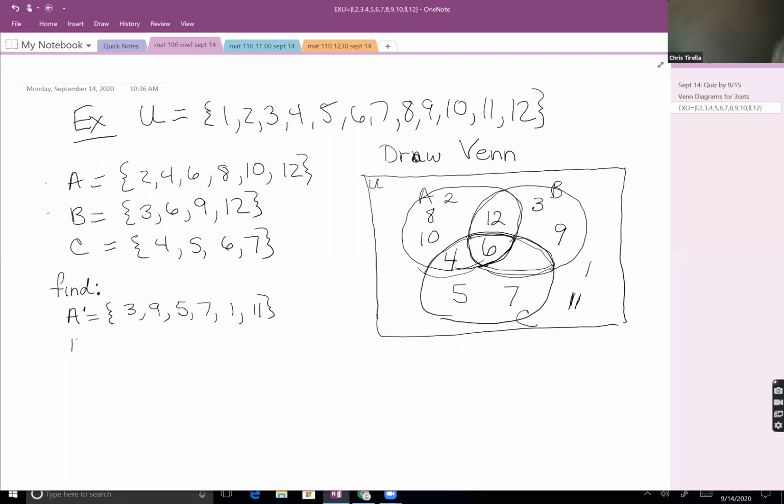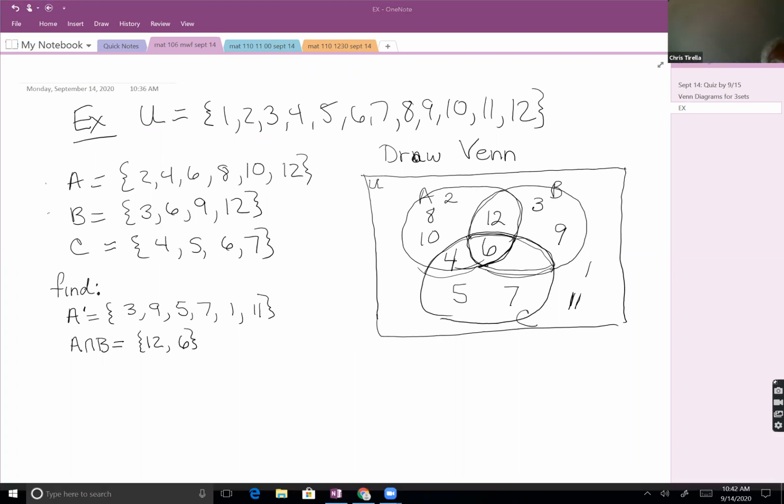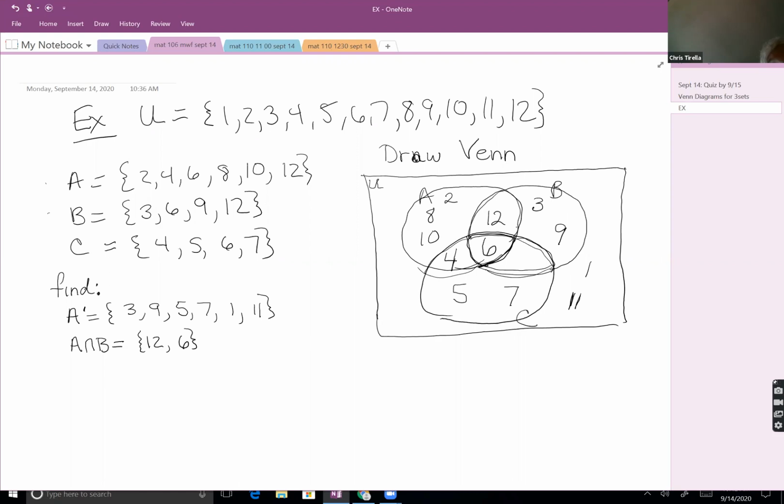What's in A intersect B? 12 and 6. The intersection is where those two loops overlap, including what's common to all three. So what if I take A intersect B in parentheses, union C?